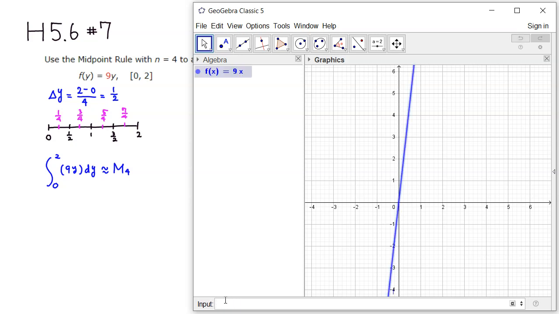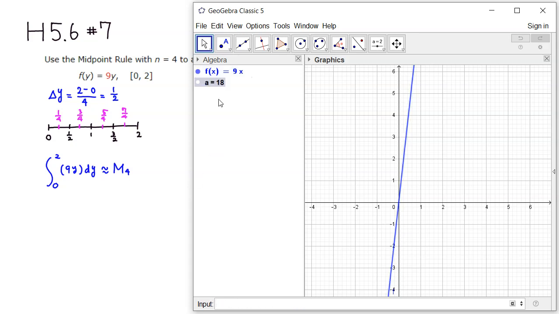Then we want to add f of the first midpoint, 1/4, plus f of the second midpoint, 3/4, plus f of 5/4, plus f of 7/4, and then multiply by delta y, which is 1 over 2. And I hit enter.